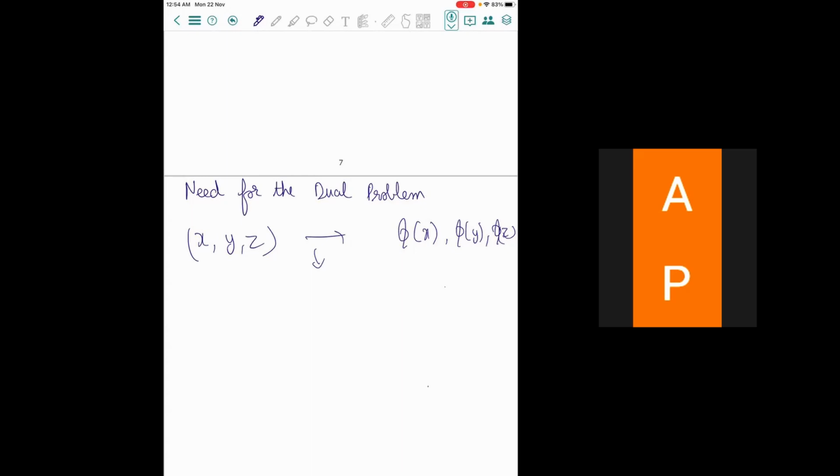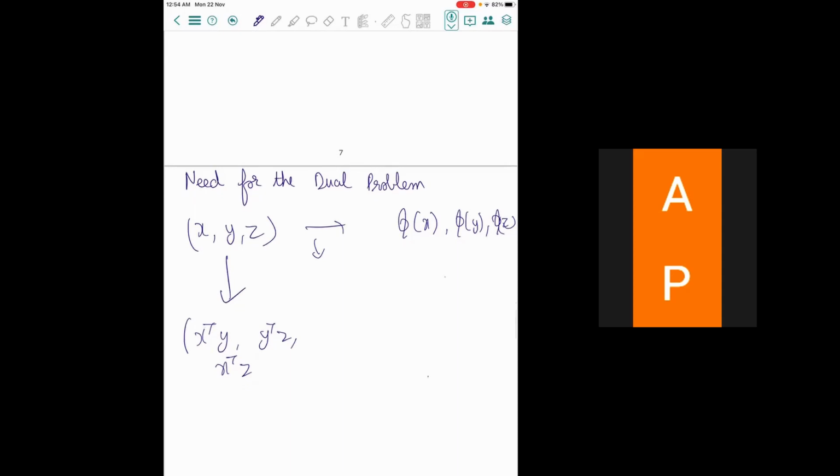So this is where the dual problem comes in. We saw that instead of solving for x, y, z, we can take the dot products x transpose y, y transpose z, x transpose z. We solve the same problem by taking the dot products. This holds true when we change the coordinates to phi as well.